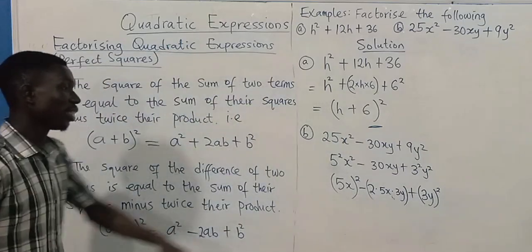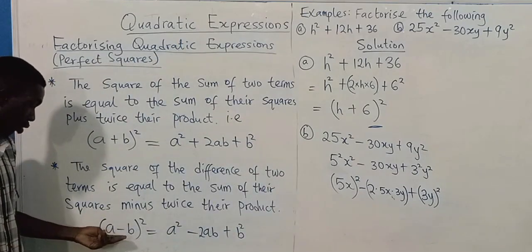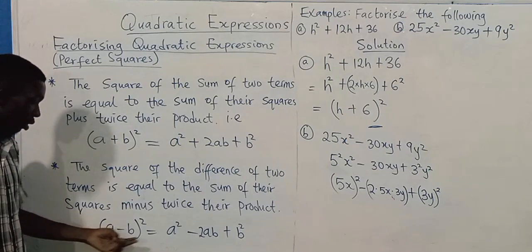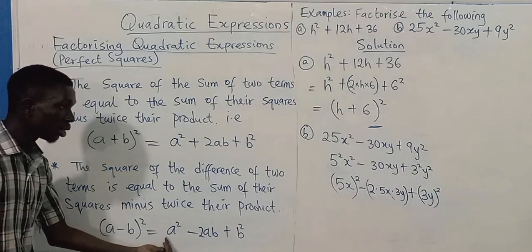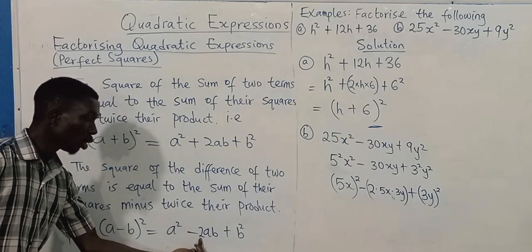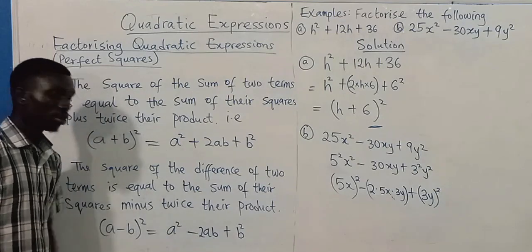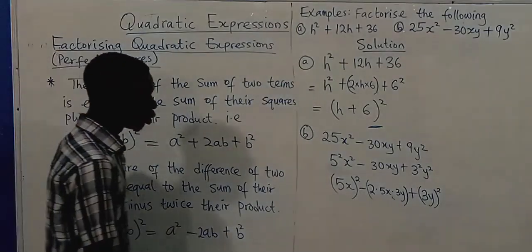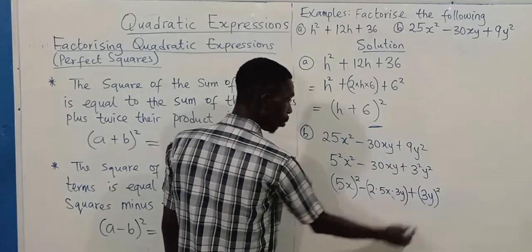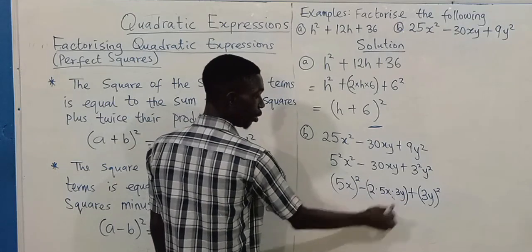So you see that this is satisfying the second rule. The second rule here says a squared plus b squared minus 2 times a times b. So we have this like our a, this like our b, and this is minus 2 times a times b.